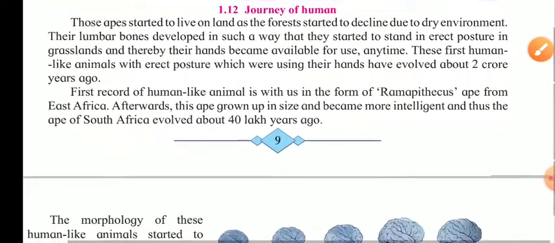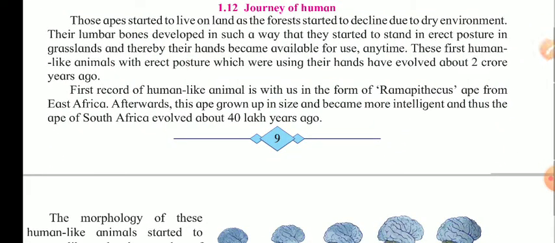Further, those apes started to live on land as forests started to decline due to a dry environment. Their backbone developed in such a way that they started to stand erect in the grassland, and thereby their hands became available to perform different work.